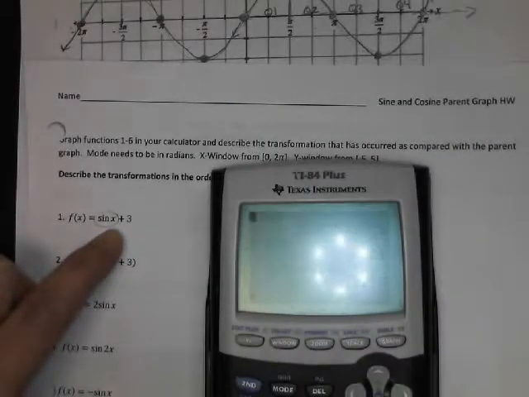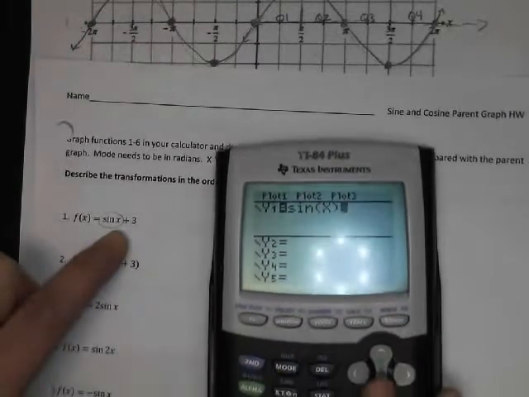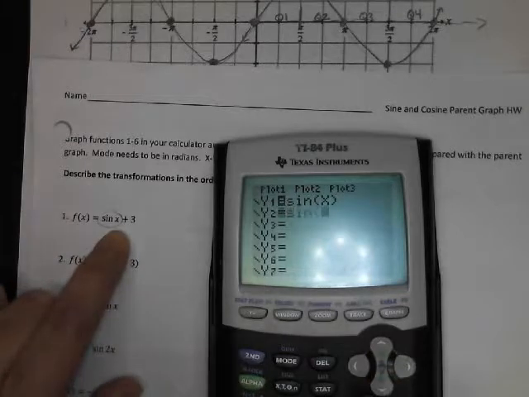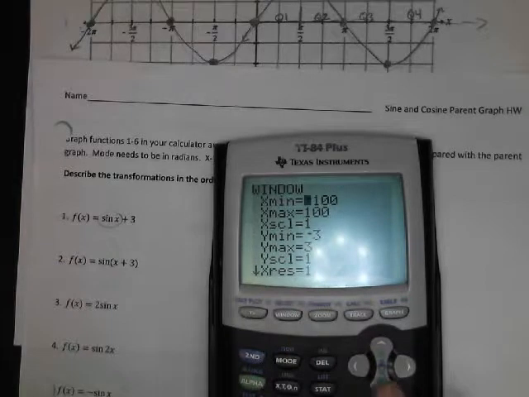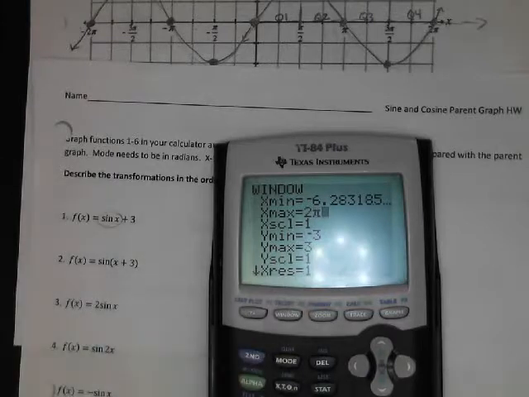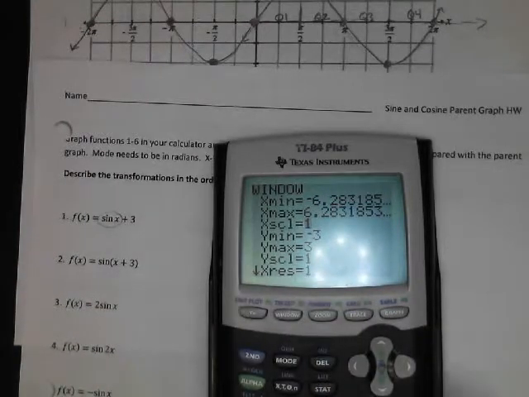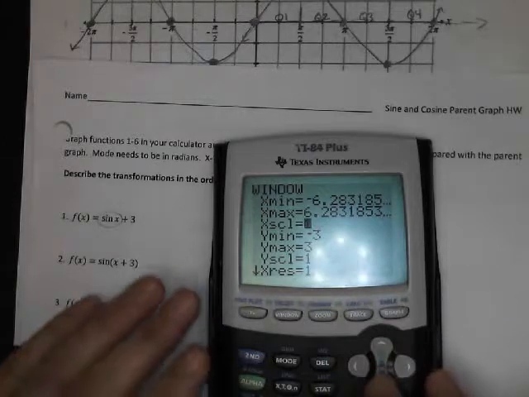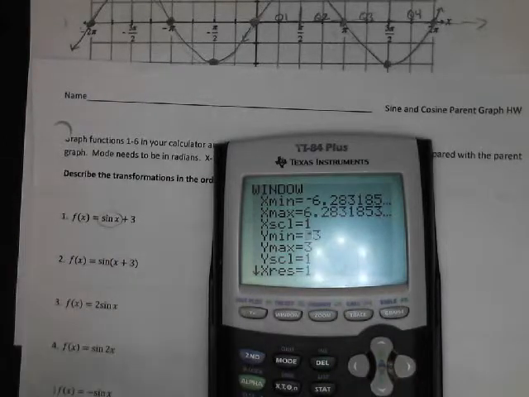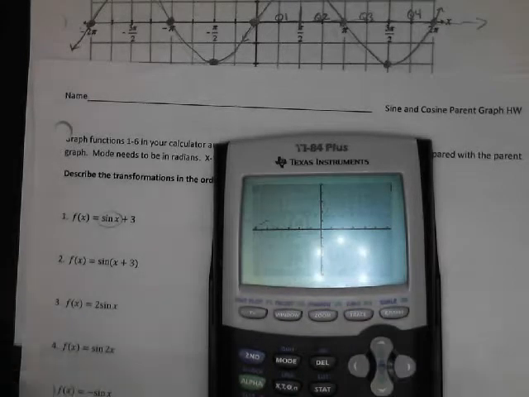So on my calculator I graph the sine of x as my parent function, and then I graph the sine of x and then add 3 afterwards. Make your window from negative 2 pi to 2 pi. So that's going to be the traditional window we want to look at. And for your min and max, because I shifted up 3, I'm going to go from negative 5 to 5 just to show you what's going to happen here.